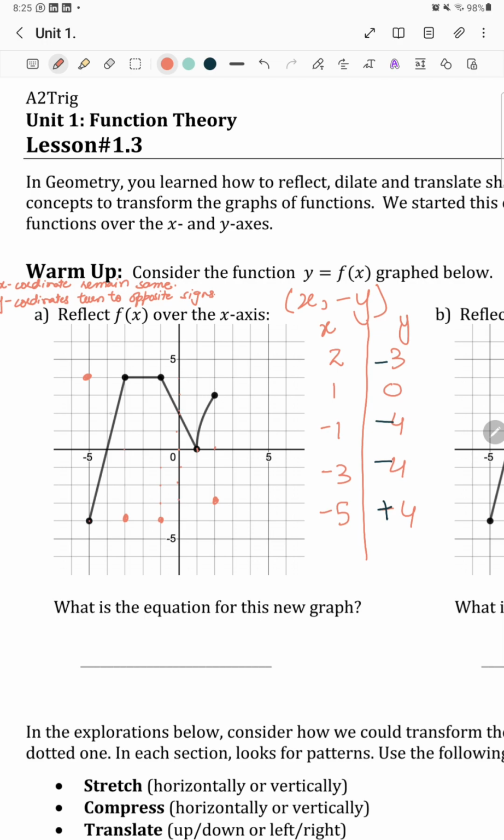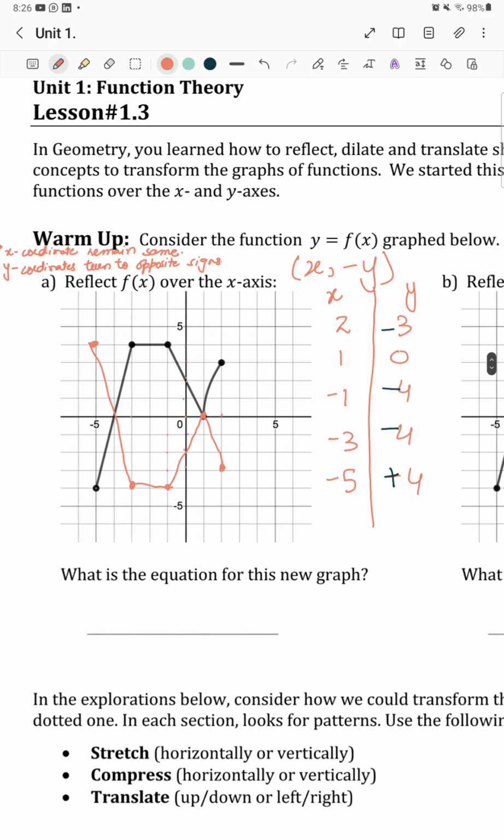Like this. So the graph would be something like this.